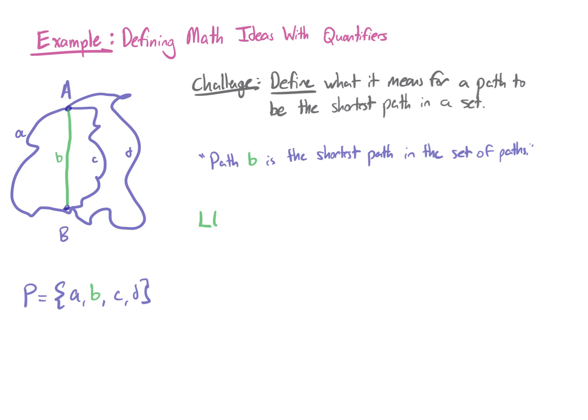So I'll call it L, different L from last time, L of X and Y. And L of X and Y means that the distance of path X is less than or equal to the distance of path Y. If we gave symbols to the distance, so for example, if we decided that the distance of path X would be written d sub little x, d sub little y, we could also say that L of X and Y is a statement about the inequality d of little x is less than or equal to d of little y.